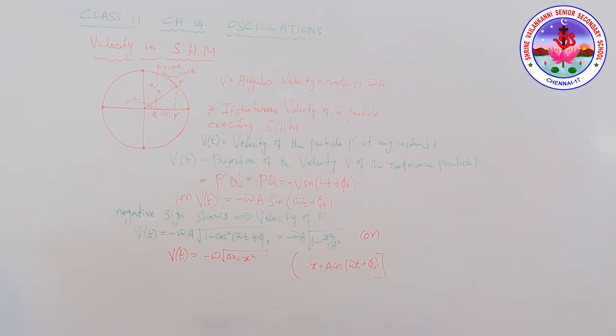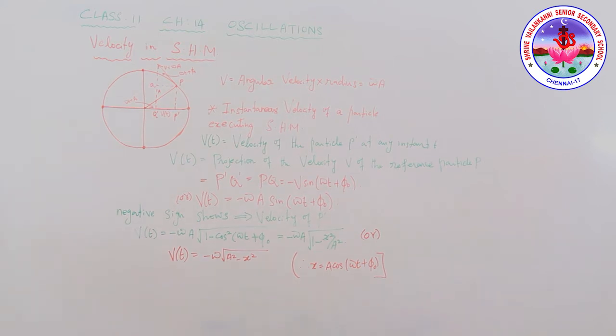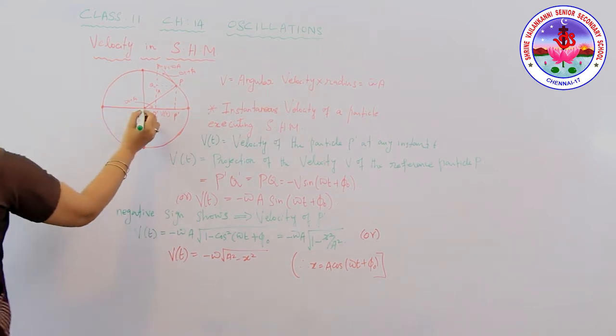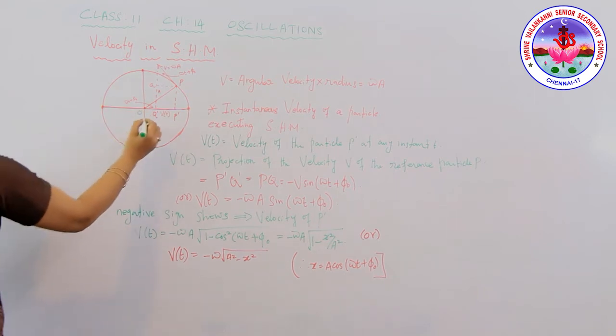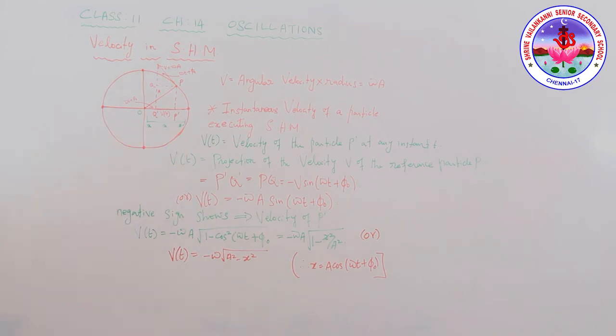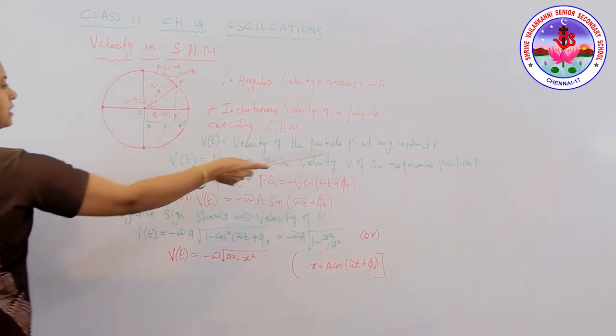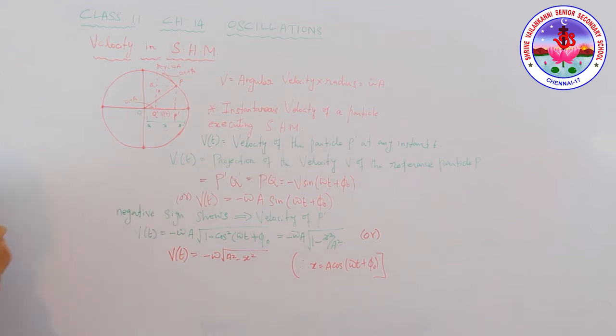Now we can draw PP dash and QQ dash, these perpendicular lines to the diameter x x dash. This one is O, and this is the point x dash. Now V of t is the velocity of the particle P dash at any instant t.